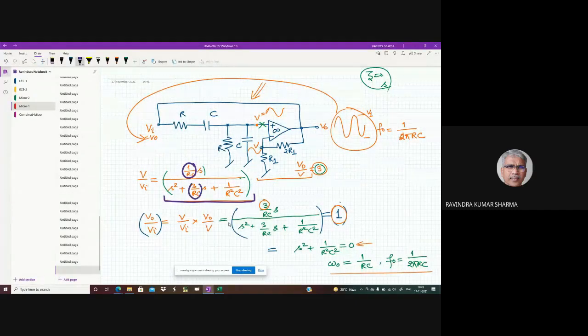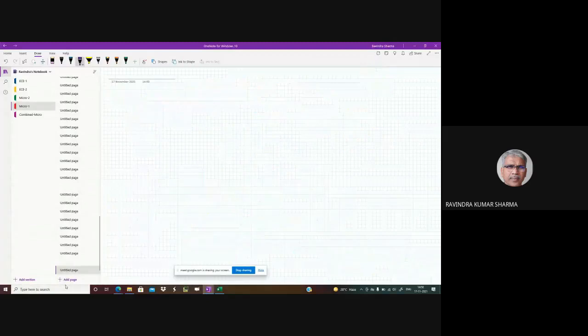Figure out the numerator coefficient of S. इन दोनों को इक्वल करने के लिए डिसाइड करो अब एम्पलीफायर कैसा लगाएं जिसका गेन ऐसा हो कि VO by VI equal to 1 करते ही वो S का कोफिशिएंट 0 हो जाए. In order to make that happen, correct? अब मैं अगले पेज पर आता हूं.